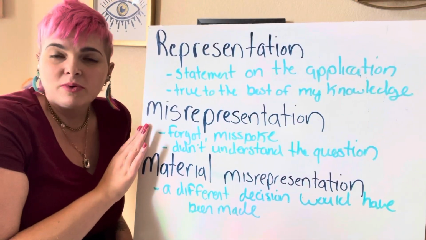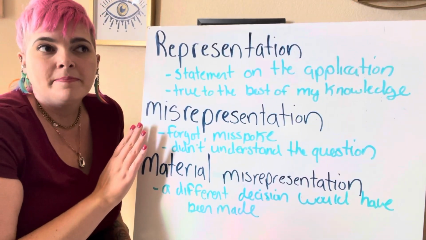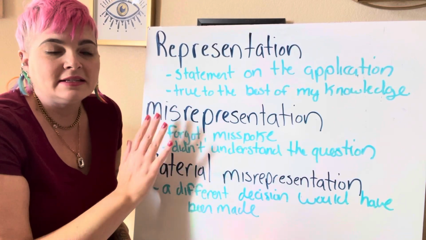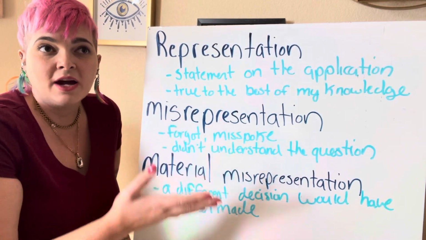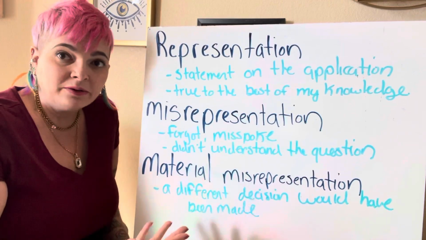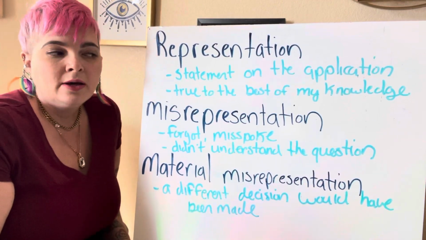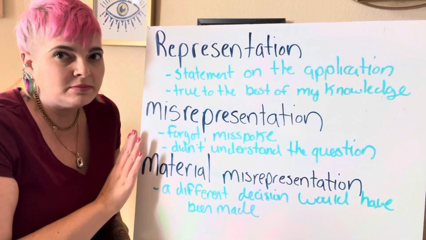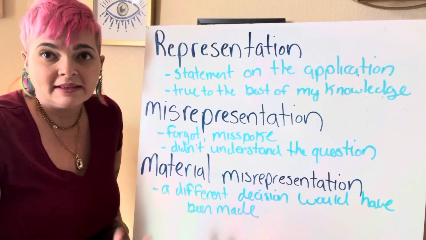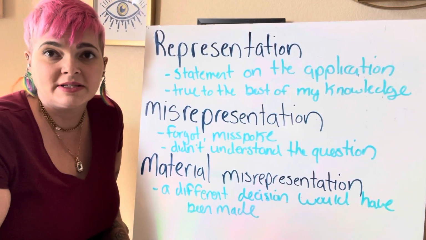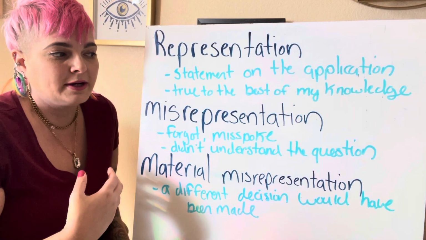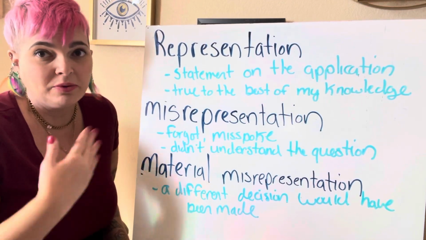Now, a misrepresentation means that the statement is not true. We know it's not true. There's information out there that proves it's not true, but a misrepresentation doesn't mean that the person outright lied. If they did lie, that would be material misrepresentation, and that would be intentional, and that would be bad.